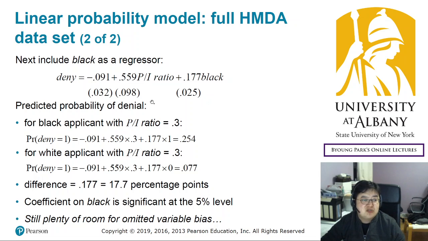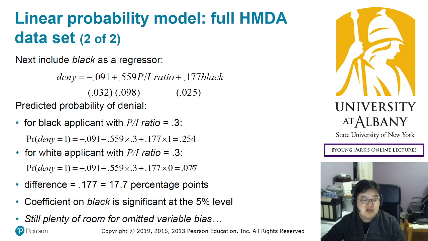To show you how much it differs, for a black applicant with a PI ratio equal to 0.3, the predicted denial probability is 25.4%. So about 25%, this applicant will be denied. But if you're white with the PI ratio at the same 30% level, then the denial probability is only 7%. So being black or not being white makes a huge difference.